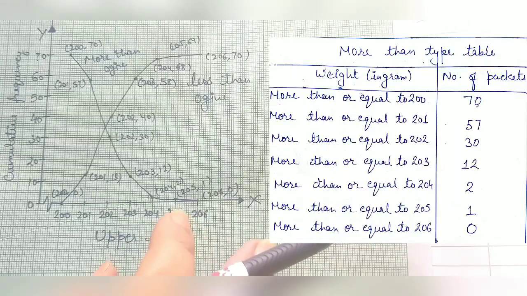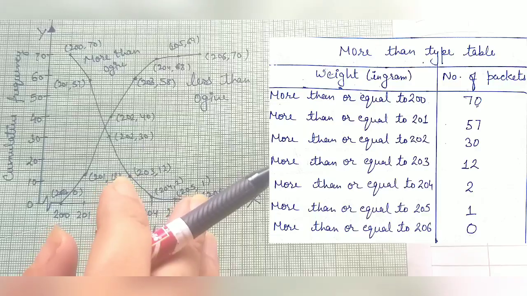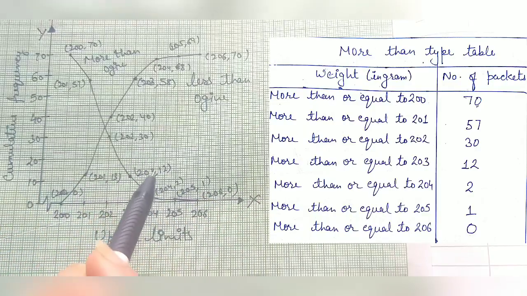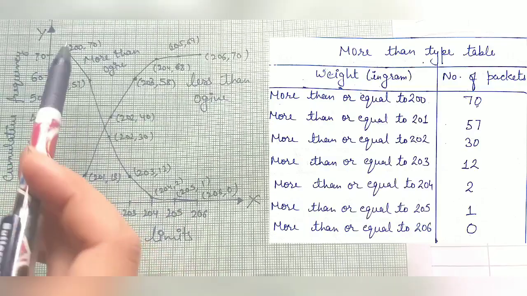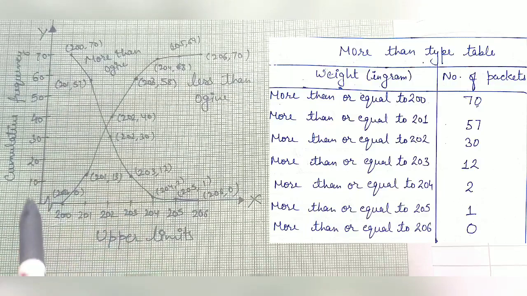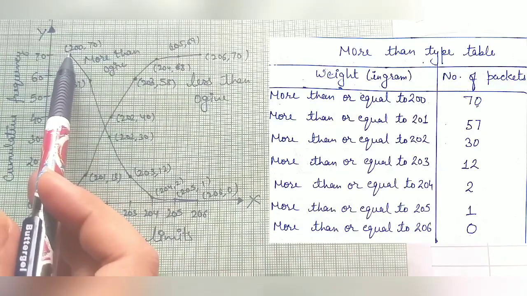Now to find the more than type ogive, we plot all the points from the more than type table. We have the first value 200 and 70, so we plot 200 on the x-axis and 70 on the y-axis.